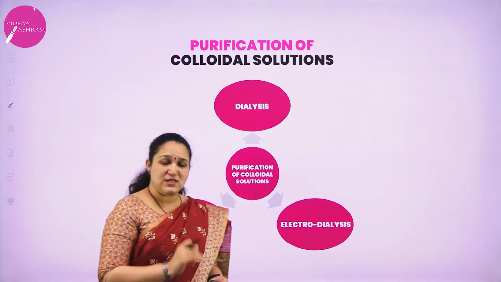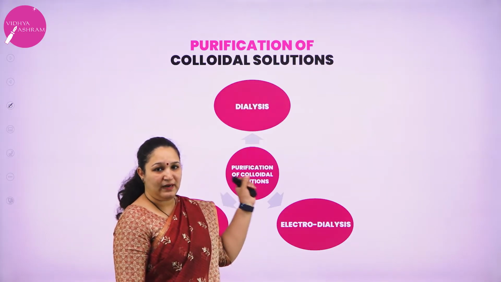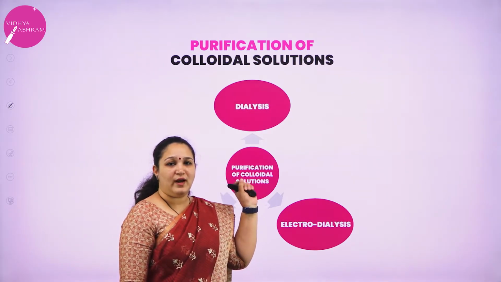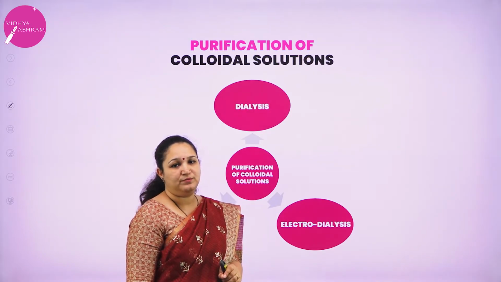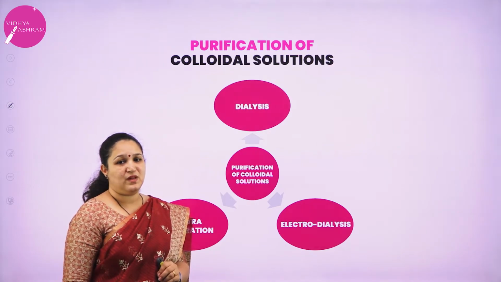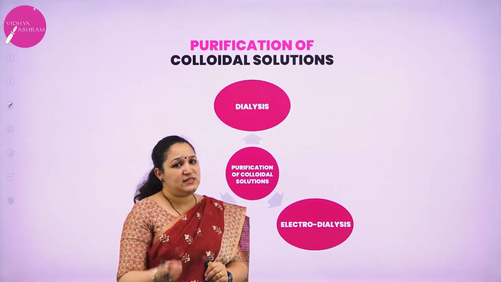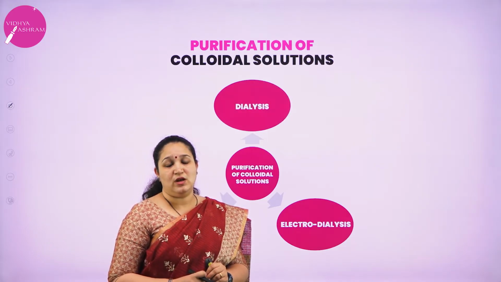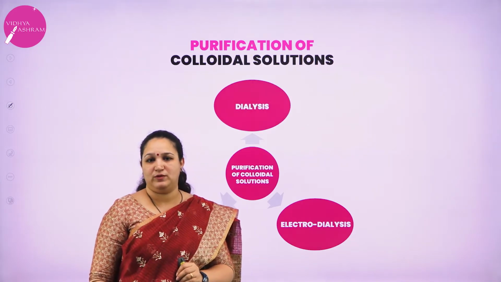The process of removal of the electrolytic particles from the colloidal solution to the minimum amount is called purification of colloids. If a small amount of electrolytes are there, it will actually stabilize the colloidal solution, but only when it is in excess it has to be removed.